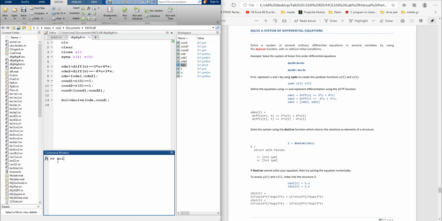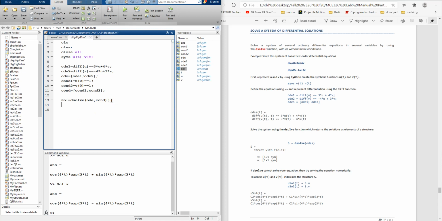I will write SOL dot U. It shows you the solution of U. Write SOL dot V because it is a structure. See the answer, it is cosine. How can I plot them both in one figure? We can say fplot, the first one, which is solution dot U, fplot U. Okay, then we need hold on to keep them in one figure.